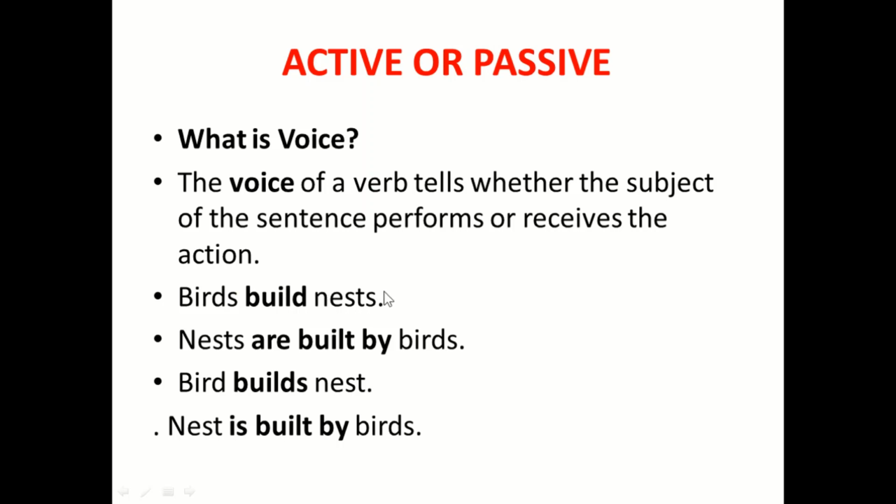So while you are changing, the verb we use is for the new subject. So here we have bird builds nest. Again, this is the active sentence. Then we have the passive form. Nest is built by birds.